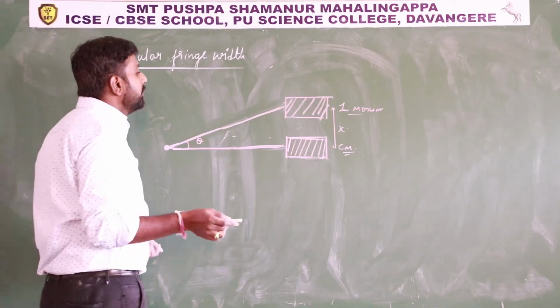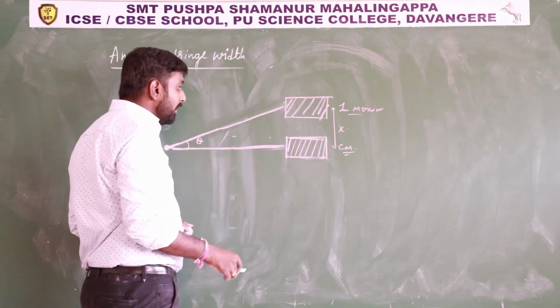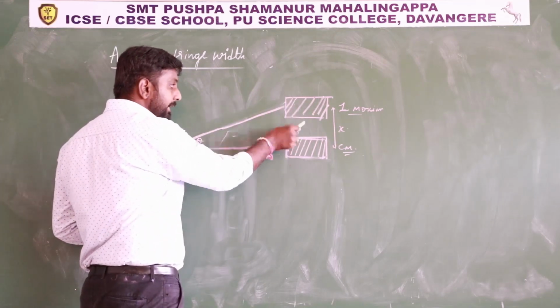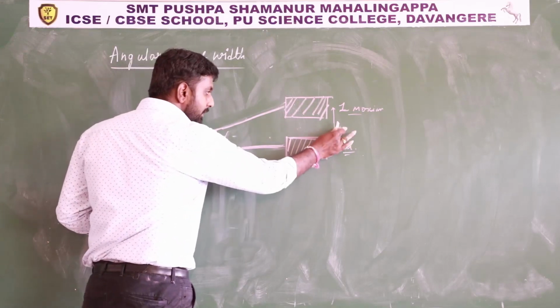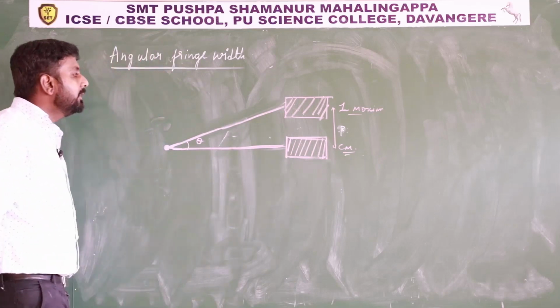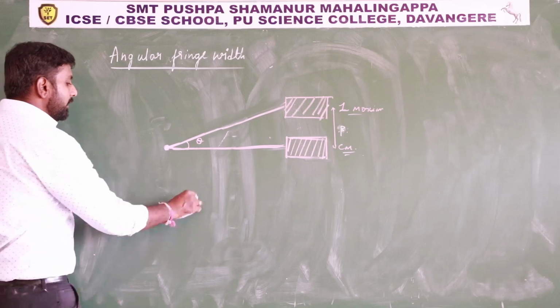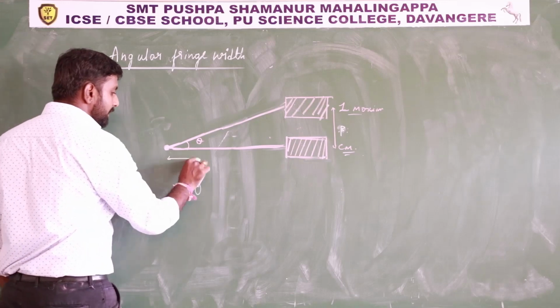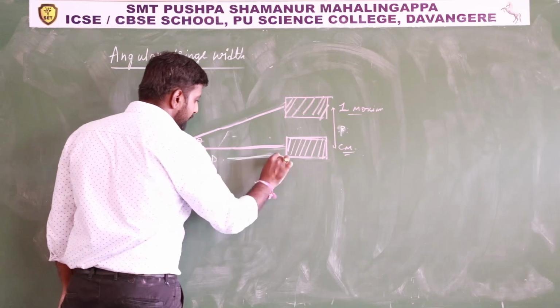And also you came to know that the distance between consecutive bright or dark fringes is nothing but beta. That means this distance is nothing but beta according to the definition. Then what is the angular fringe width here? This is the distance capital D from the slits to the screen.